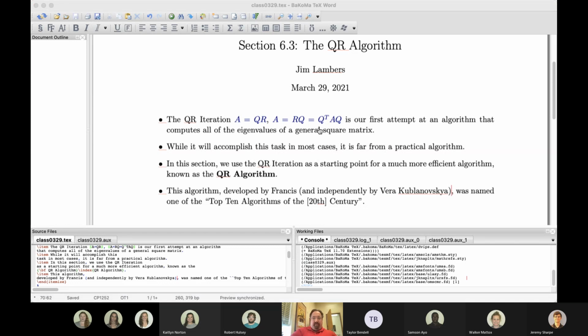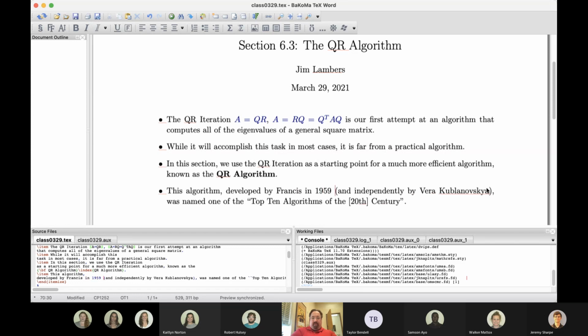But let's see. Oh wait, sorry, it was not the early '60s. It was the late '50s. It might have been published in the early '60s. So Francis in 1959.